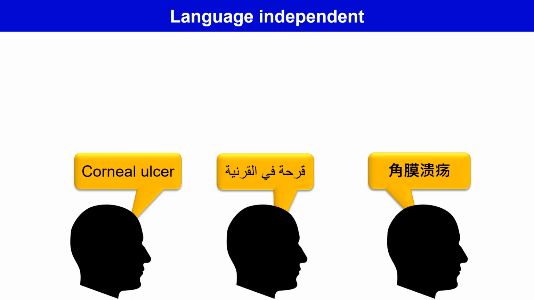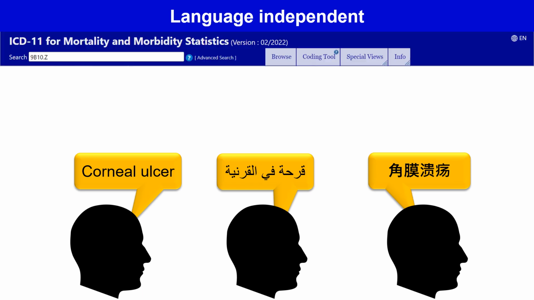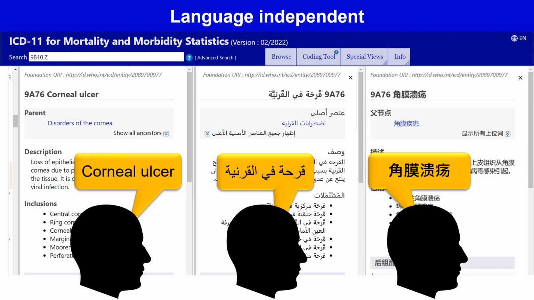Your DNA doesn't change if you start speaking another language. Entity URIs remain attached to the same entity irrespective of which language that entity is translated into. The maintenance of ICD-11 is handled in English, but the content model of ICD-11 is language independent and allows binding of any desired language to the entities in the foundation.